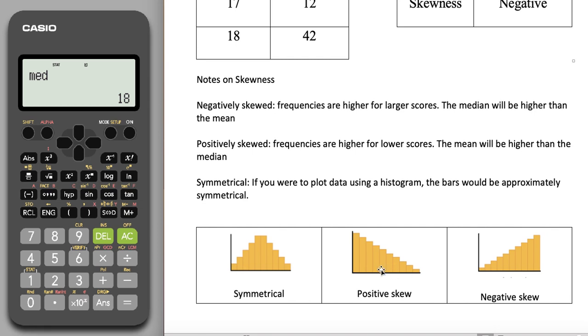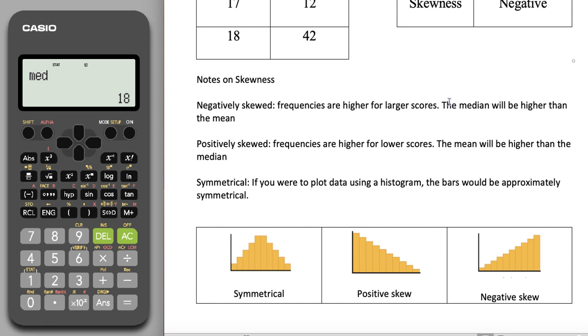There is a third option, and we call that symmetrical. That would be where, around the median or mean, it tapers off equally or evenly in both directions. So that's symmetrical. Positive skew, biased towards the lower scores. Negative skew is biased towards the higher scores.